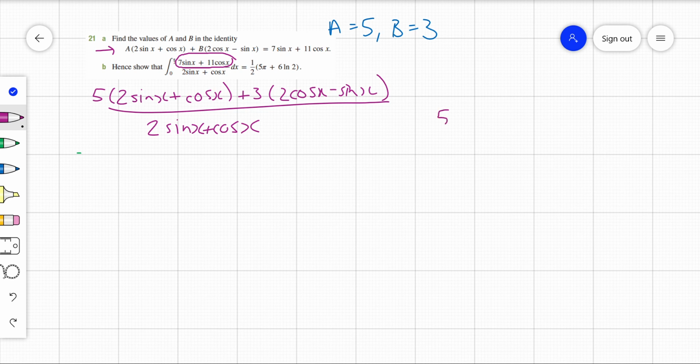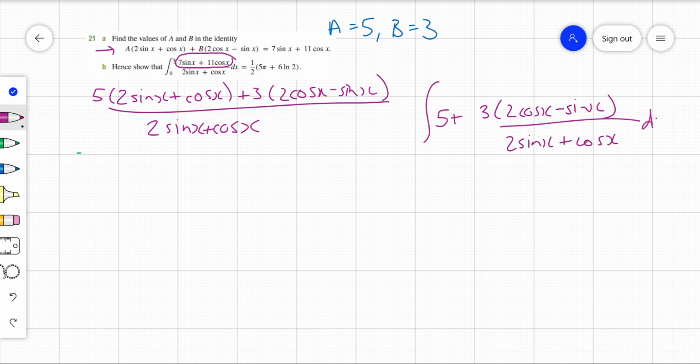So it's really the integral of 5 plus 3 lots of (2 cos x minus sine x) on (2 sine x plus cos x) dx. This is what we're finding between 0 and, I think that's, pi on 2. Clearly, if I take the 5, I would integrate that and get 5x.